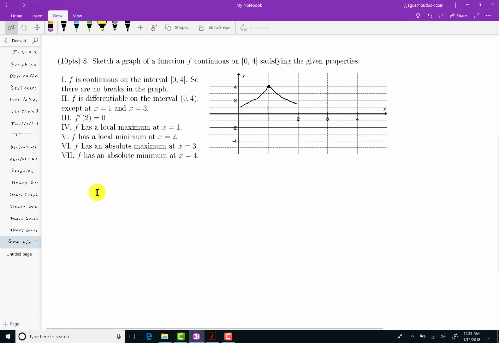So if I'm going to do this, I have to level it off so that the derivative or the tangent line is horizontal there. F has an absolute maximum at 3, and still it's not differentiable there. So we could perhaps do something like this. And then F has an absolute minimum at 4.